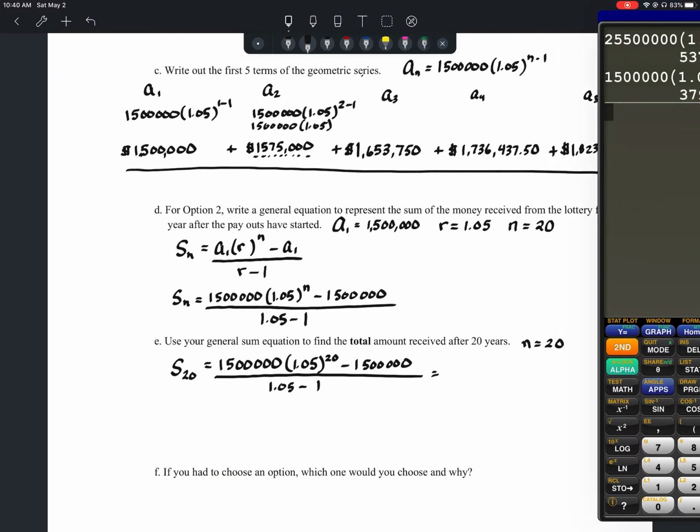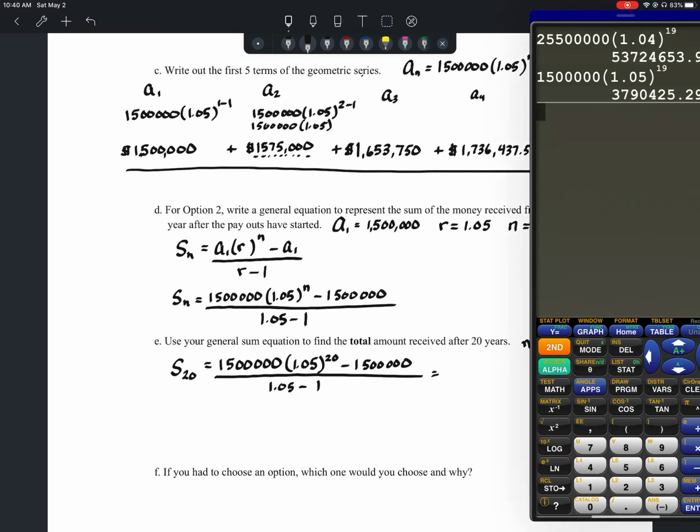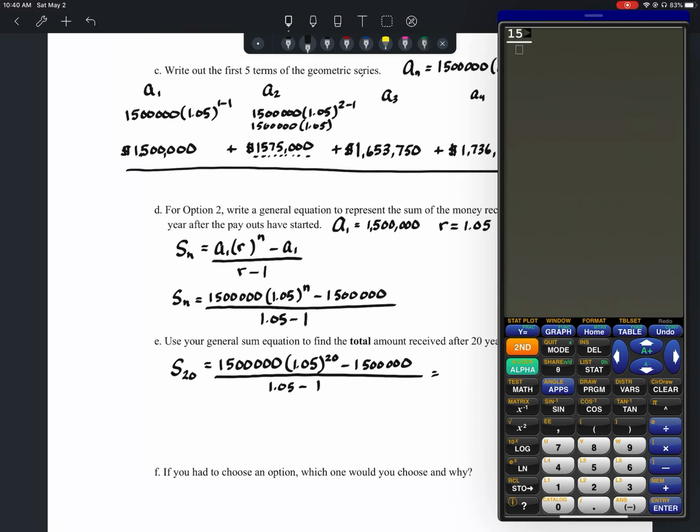And you can do that any which way you wish there. You can just type it all into the calculator if you want. I'm going to do that here. Let's do 1,500,000 times 1.05, raising that to the 20th. Make sure you're careful about how many zeros you put in those numbers, and make sure that you aren't hitting the negative sign.